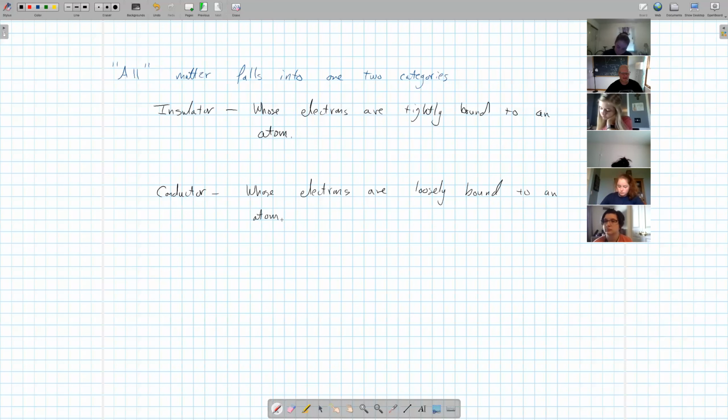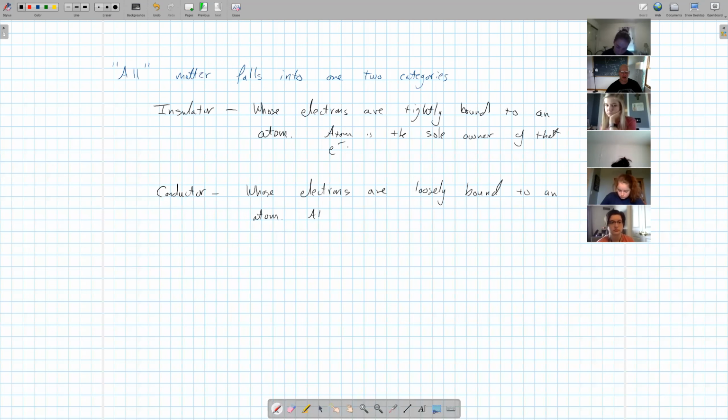So basically, what's the difference? The difference is that in the insulator, since the electrons are so tightly bound to the atom, that single atom basically has those electrons. So the atom is the sole owner of that electron. Whereas in a metal, since the electrons are so loosely bound, all of the atoms will share those same electrons.